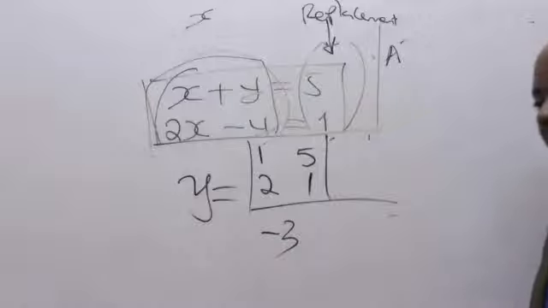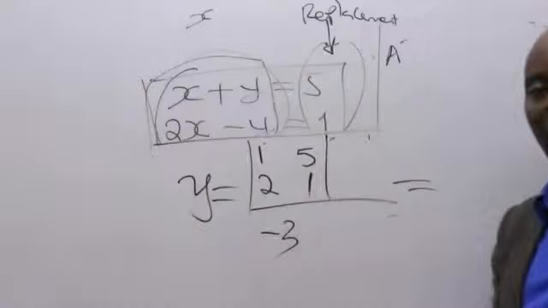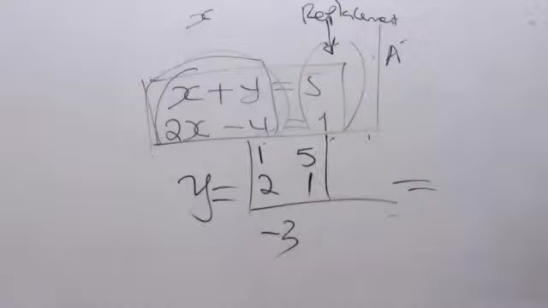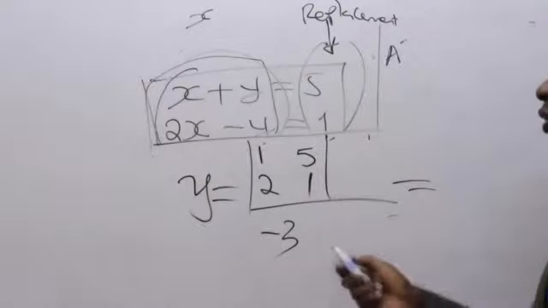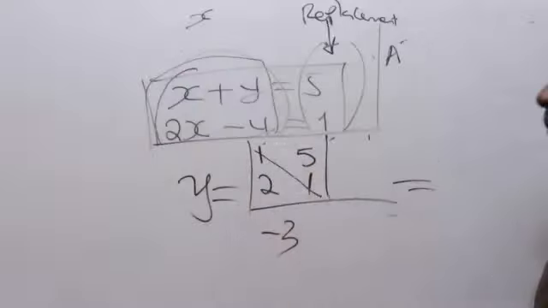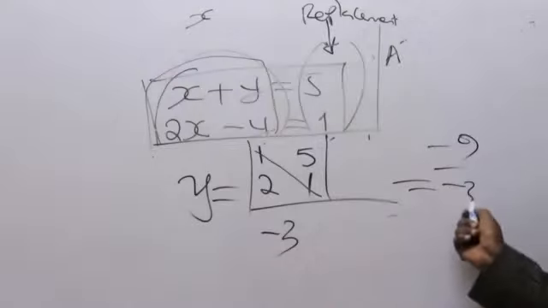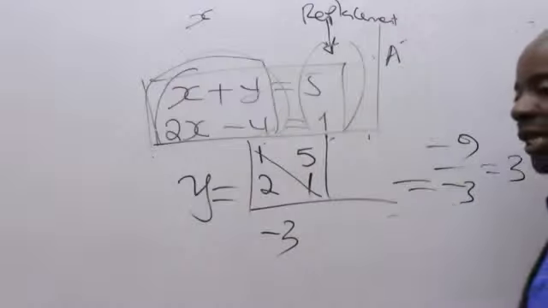So the only thing that we need to do is to ascertain the determinant of the numerator. So 1 times 1 gives me 1, minus 10 gives me minus 9. And then minus 9 divided by minus 3 will be equal to 3.